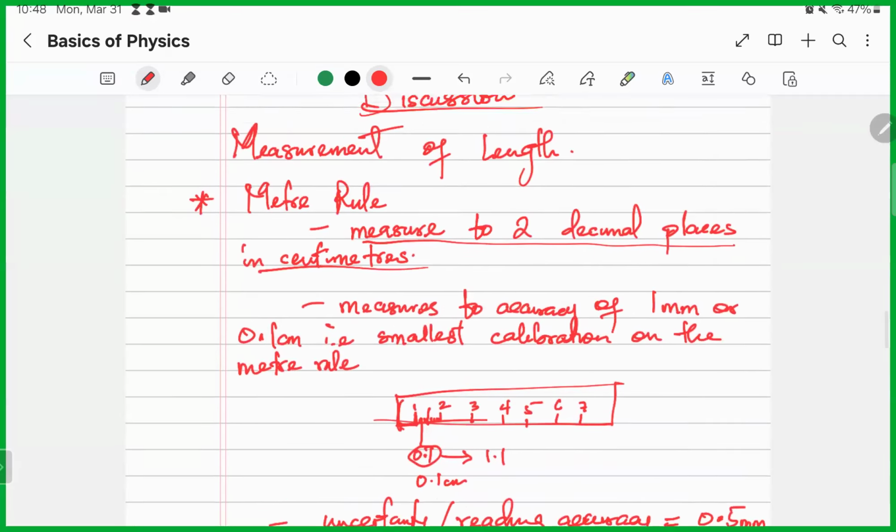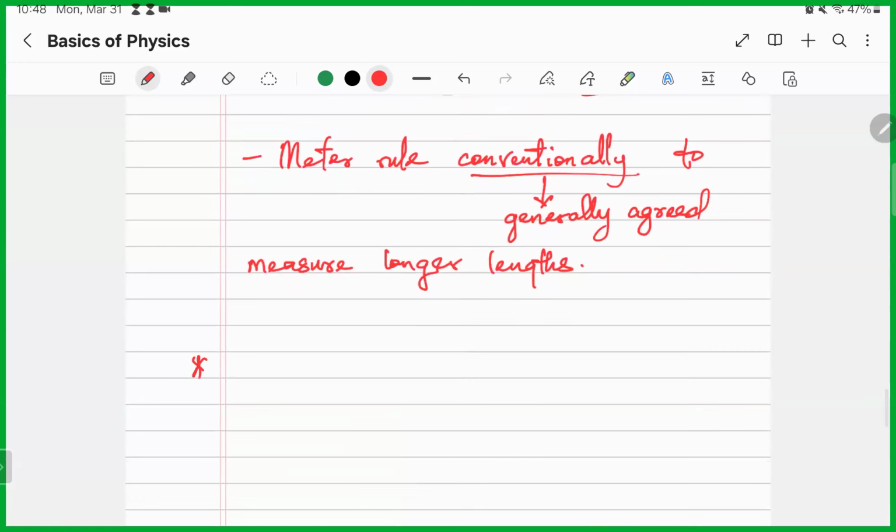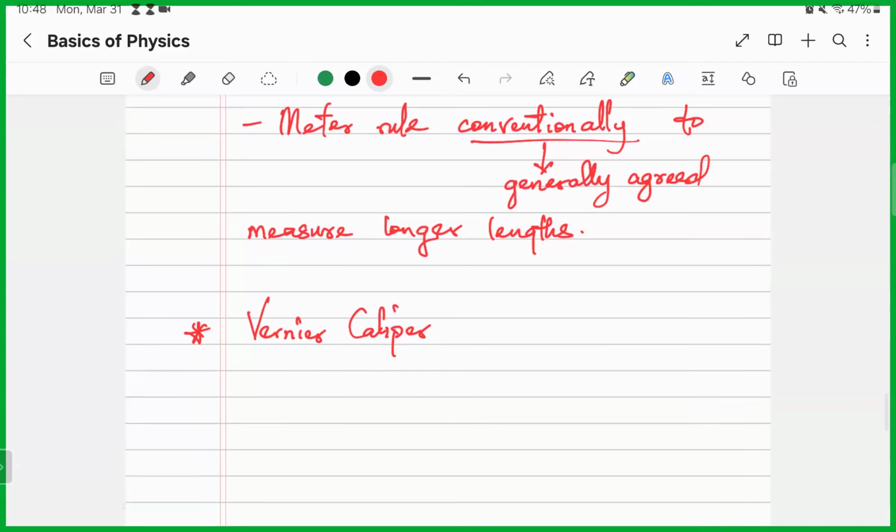Because when we talk about some other measuring devices, take for instance, let me go straight to the vernier caliper. The vernier caliper has 2 scales, and you discover that it measures far smaller lengths than the meter rule. It has the main scale and the vernier scale. The main scale reads like the meter rule, it just follows the principles of the meter rule.